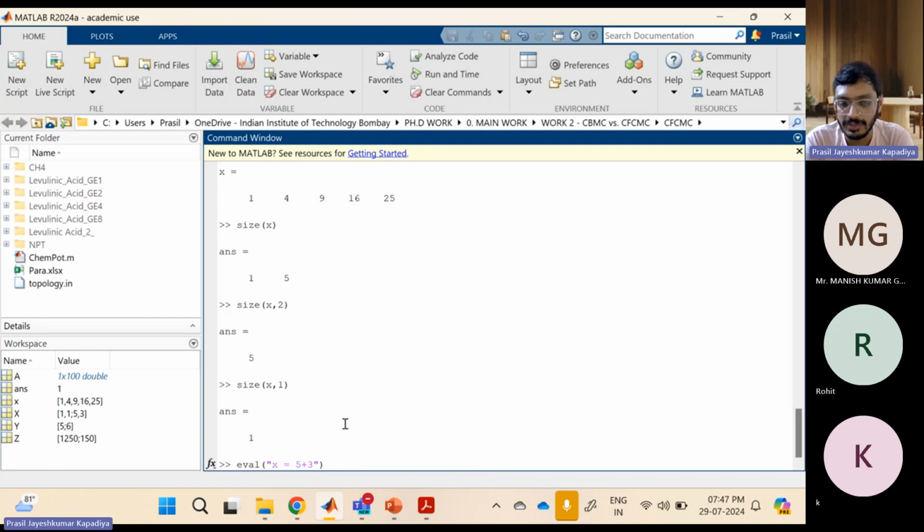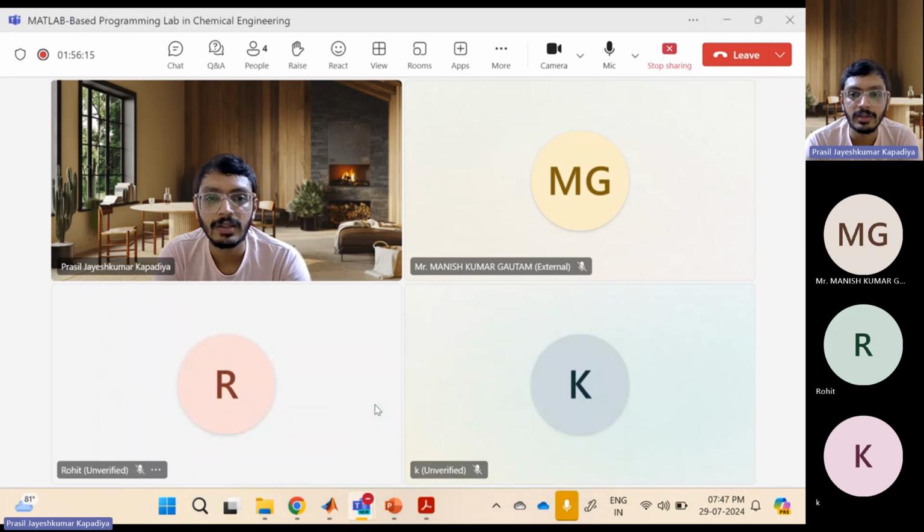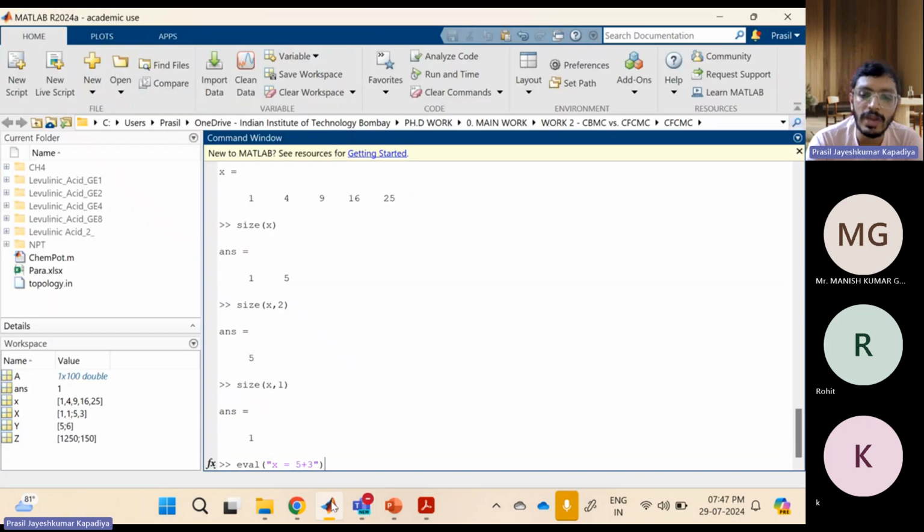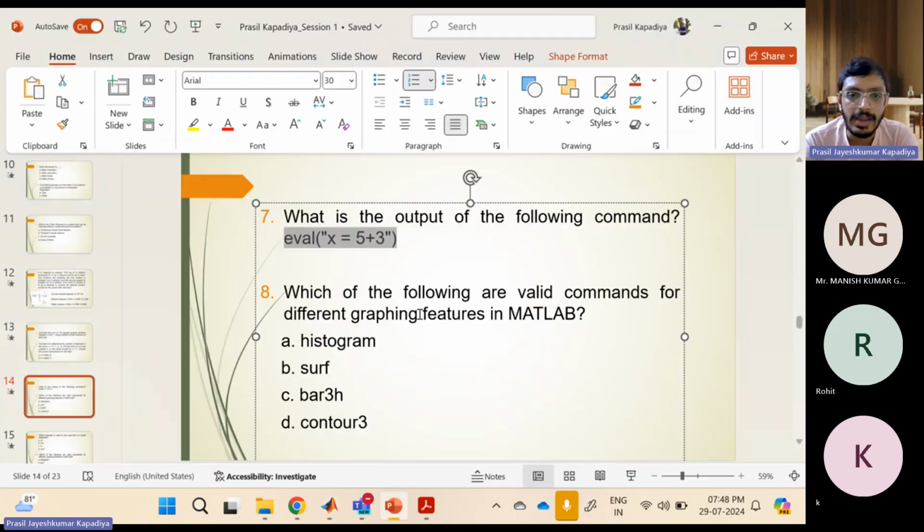Guys, what will be the value of X? X will be equal to 8, right? 5 plus 3. So my answer will be 8, it is really simple.